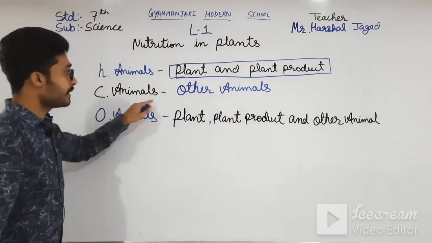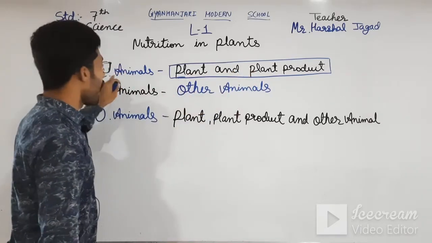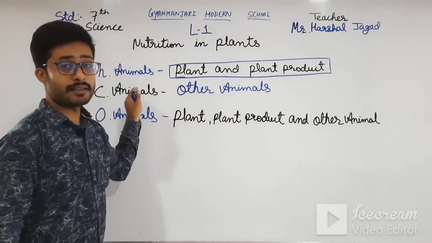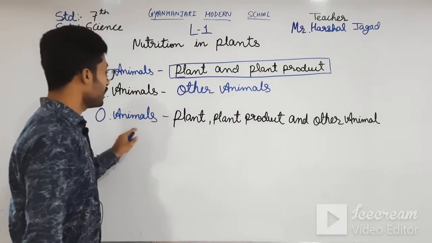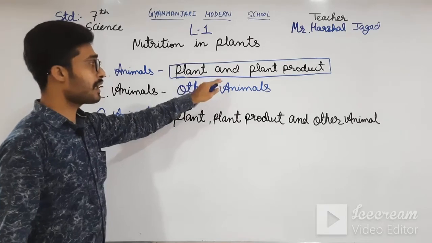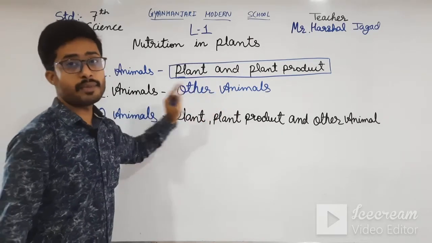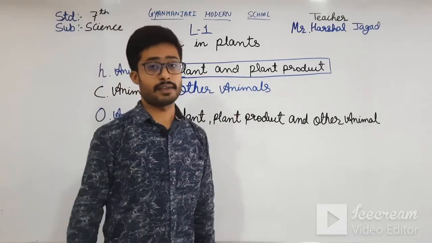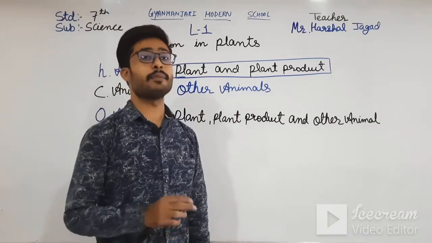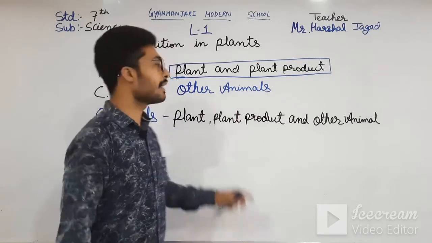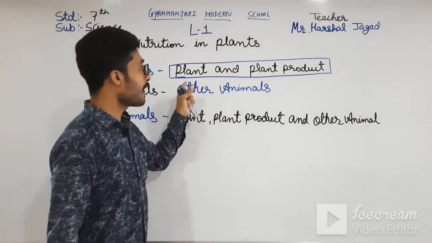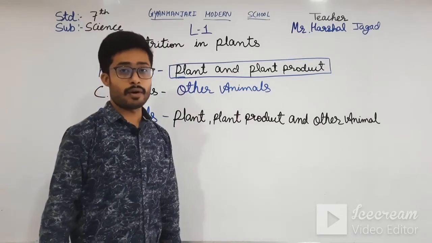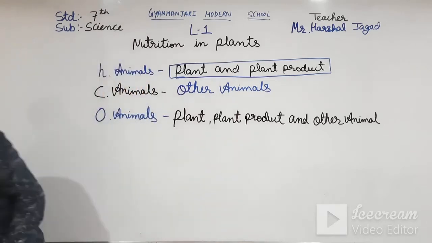Carnivorous animals eat other animals, meaning herbivorous animals are eaten by carnivorous animals, and omnivorous animals eat both plant product and other animals. So where do the plants get energy? We have seen it in the previous video, I am just revising that. Okay students, let us discuss that.